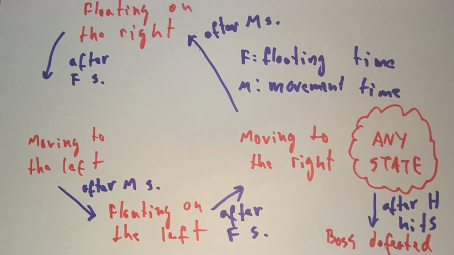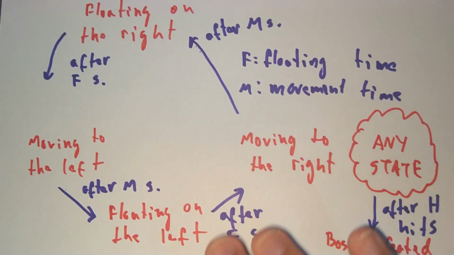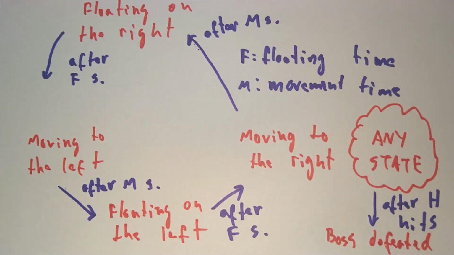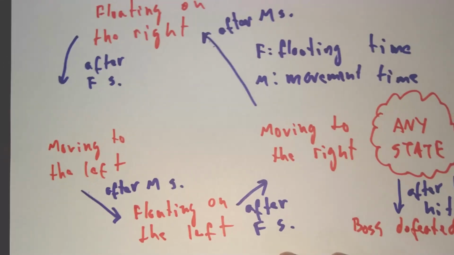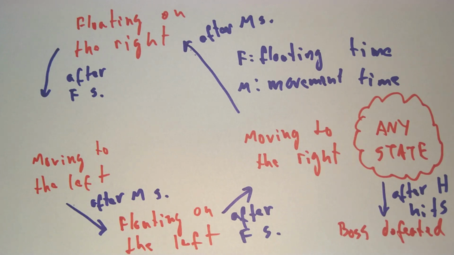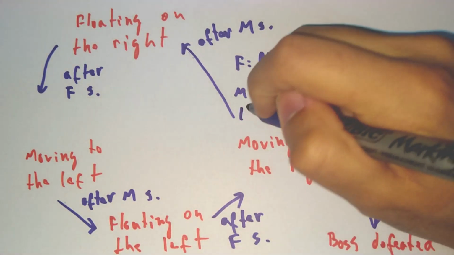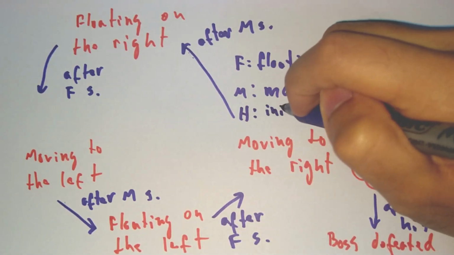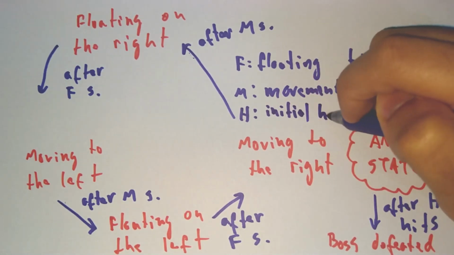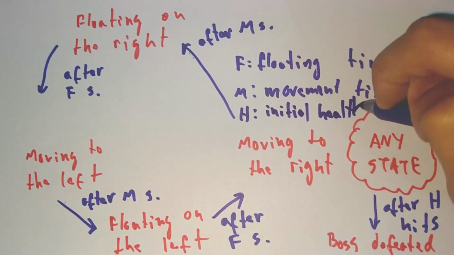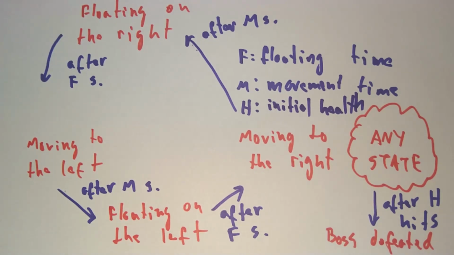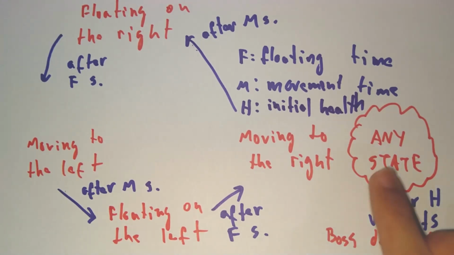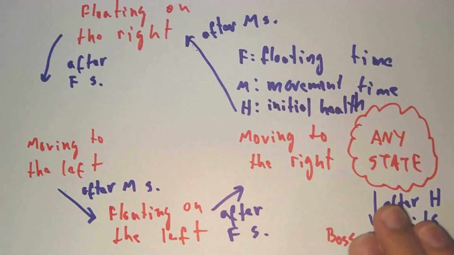And H is the initial health of the boss. So for example, if it takes 5 hits to defeat the boss, his initial health is 5. Cool. So now our boss can be defeated.